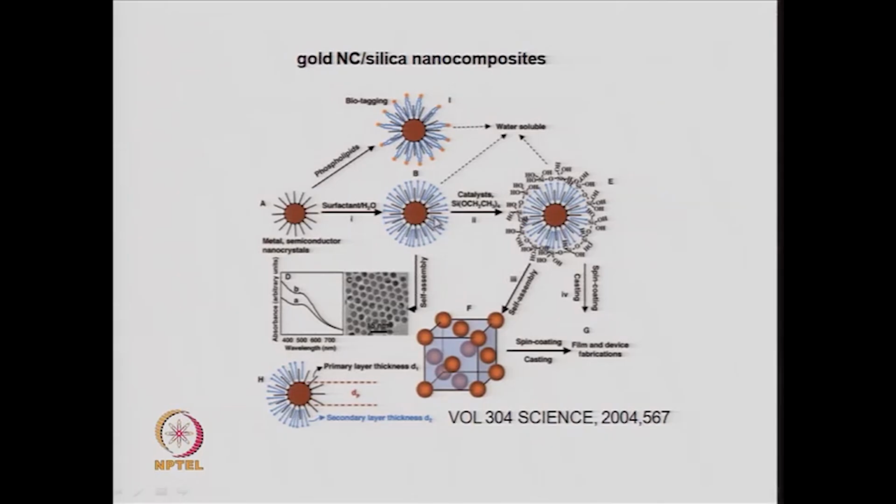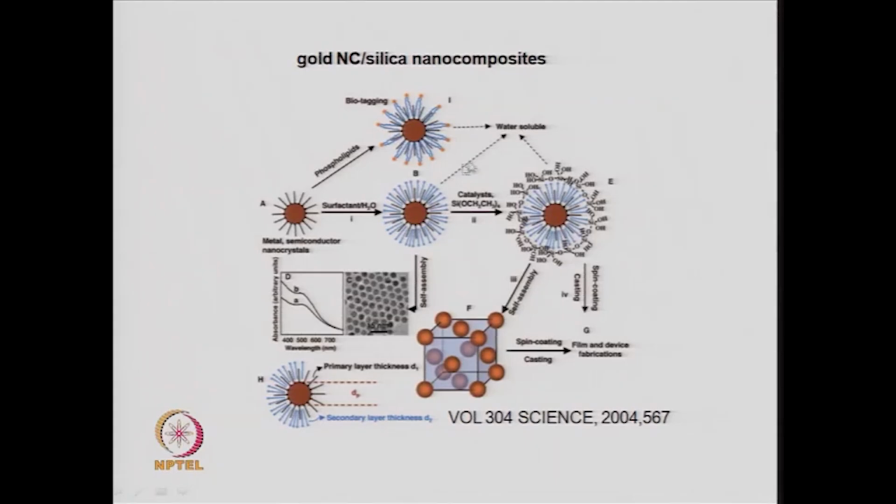And then you can use catalyst to make a silanol layer on top of it. So, the silicon hydroxy groups you see, they are on top of it. What these do is they make these nanoparticles water soluble.